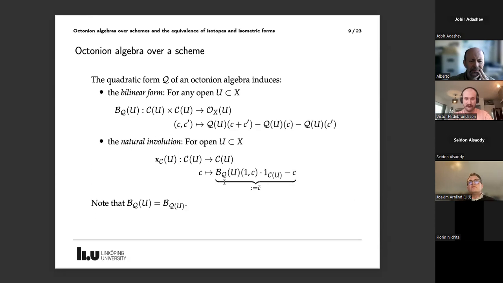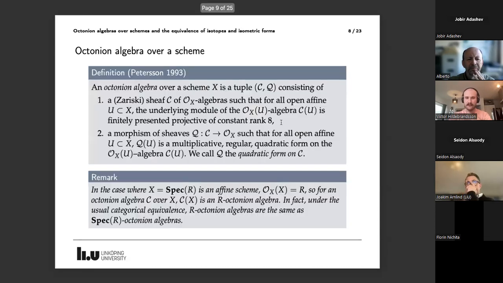And these are the definitions. The notation may be unclear here, but what I want to say is that this bilinear form is exactly the same as the bilinear form that each of these octonion algebras has.